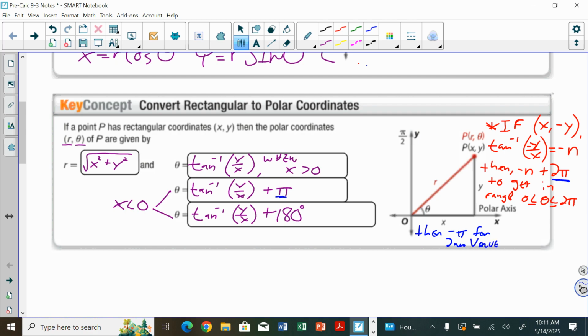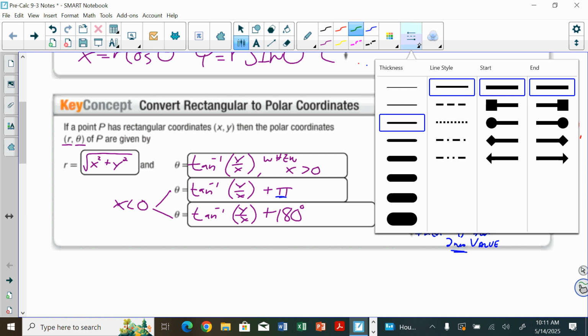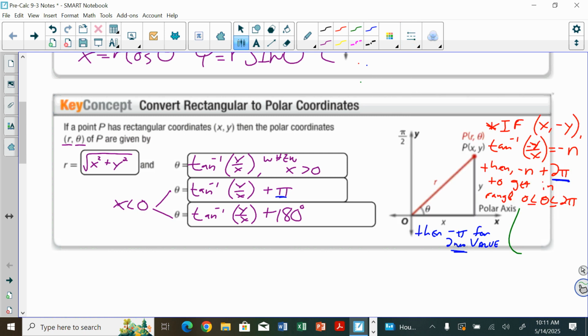When we get to those examples, we'll talk about what the second value is, because they're going to ask you to find 2 pairs. I would also point out, when you get to your homework, this is like number 16 and 22 on your homework on page 557. So when you get to those, remember this star, that's what you have to do.